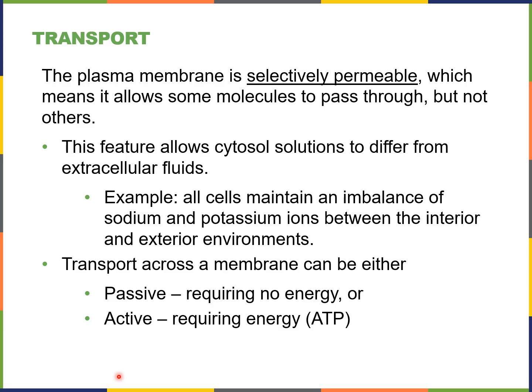For example, the concentrations of sodium and potassium are quite different inside versus outside of the cell. The difference in concentration of sodium and potassium from the inside of the cell to the outside of the cell is going to be very important for many cellular processes.